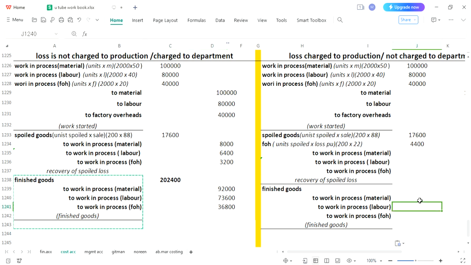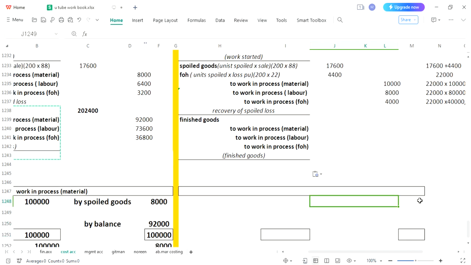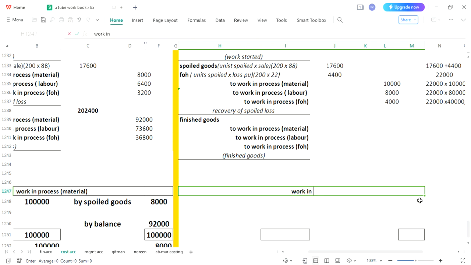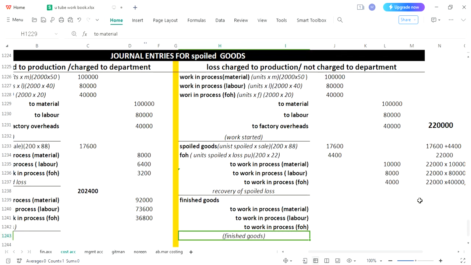in calculations. For that, you will be making your first ledger of work in process material, and there in the second part you will go in the question and see where work in process is present.